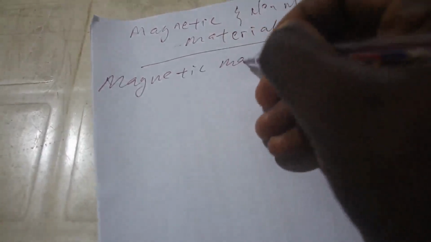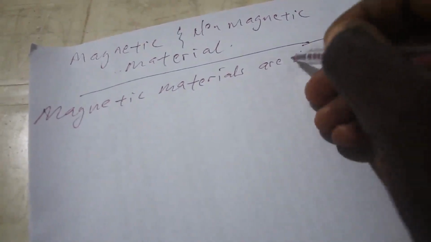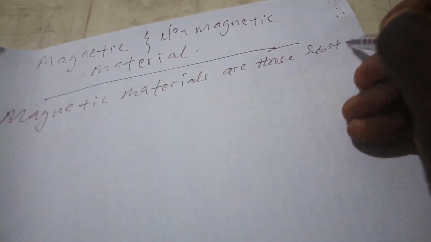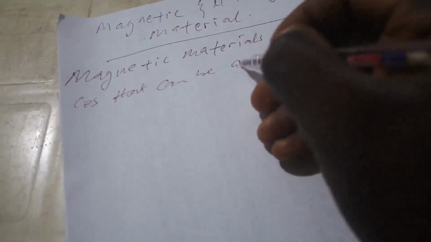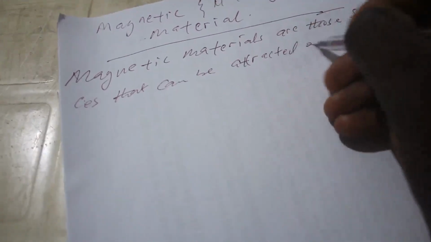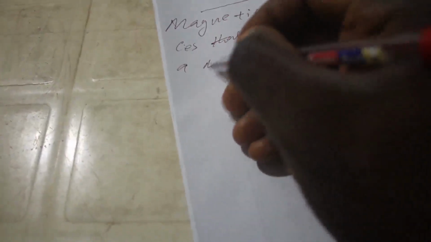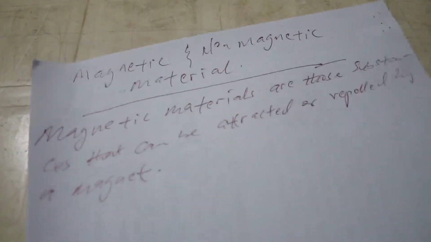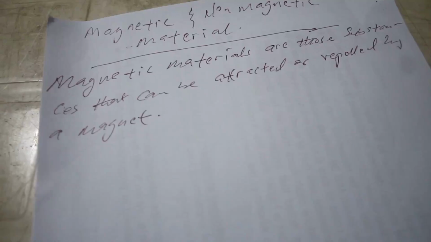So we say magnetic materials are those substances that can be attracted or repelled by a magnet.